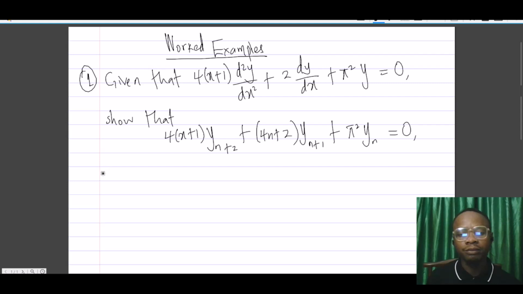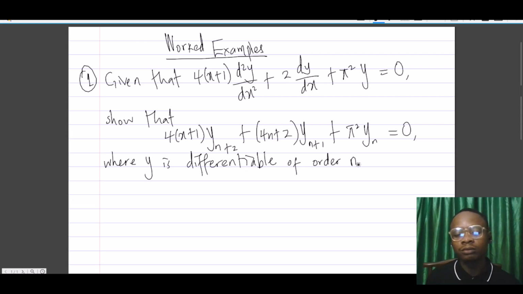Where y is differentiable of order n. And y_n, that's y sub n, means the nth derivative of y.